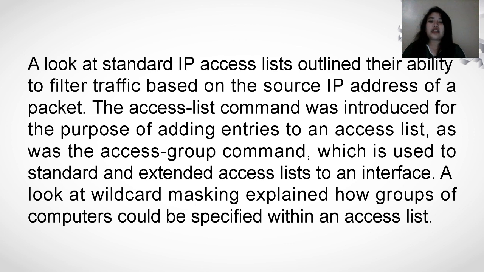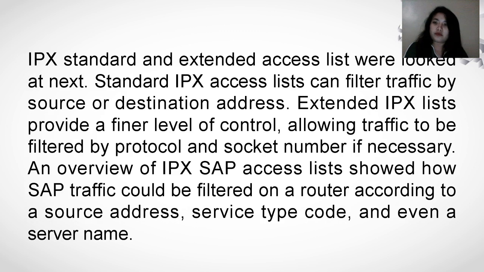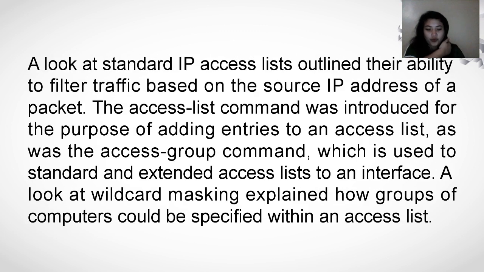A look at wildcard masking explained how groups of computers could be specified within an access list. An overview of extended IP access lists provided perspective on the more granular level of filtering control that these access lists provide by source and destination IP address, as well as by protocol and port number.